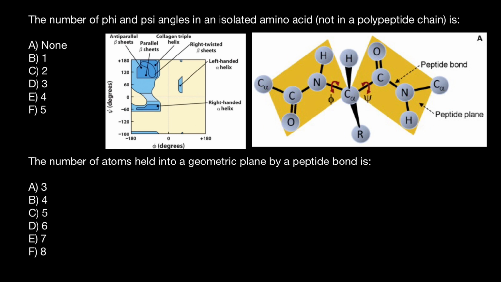And if we, for example, analyzed a single amino acid, we are not going to see this group and this group here, so there is no point in talking about these angles, because these angles only analyze these planes, which are made by these peptide bonds.